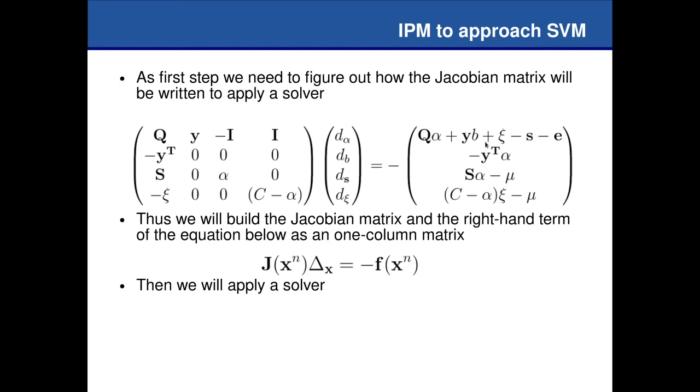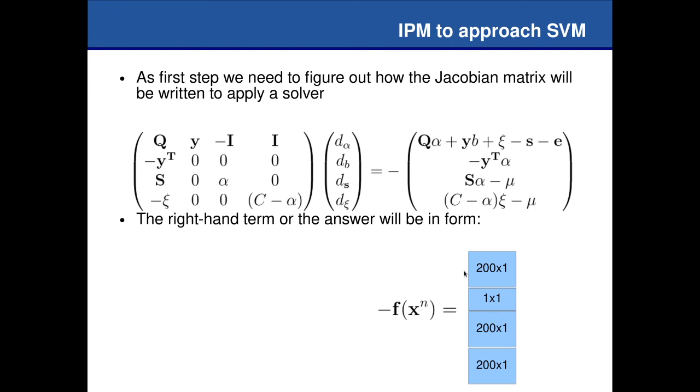Inside I have F1, F2, F3, and F4, minus of course all those F's, okay? So what about my results? If I multiply something that has 200 by 200 by something that has 200, this is going to be 200 by one column. This is going to be the result over here.